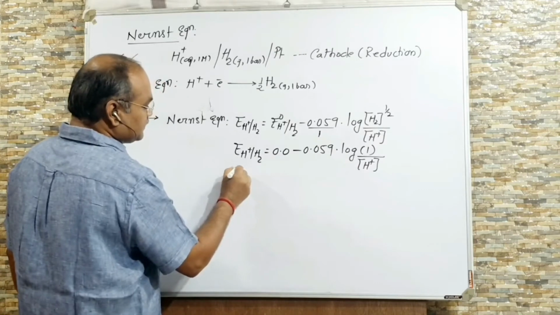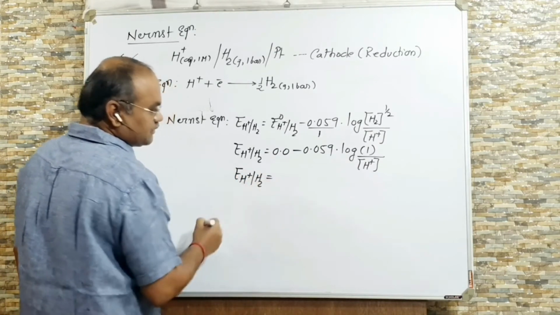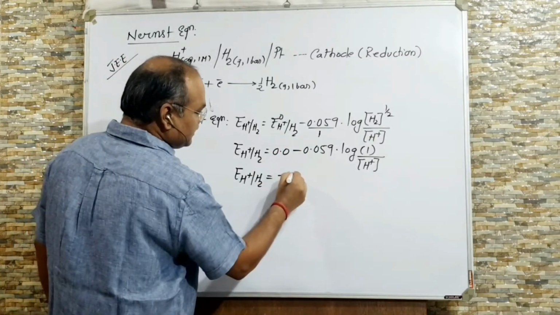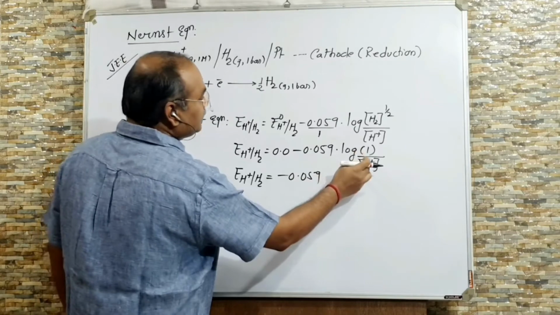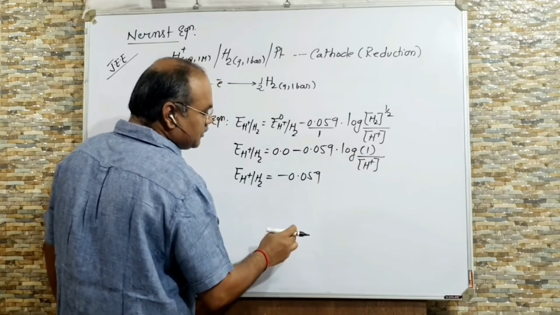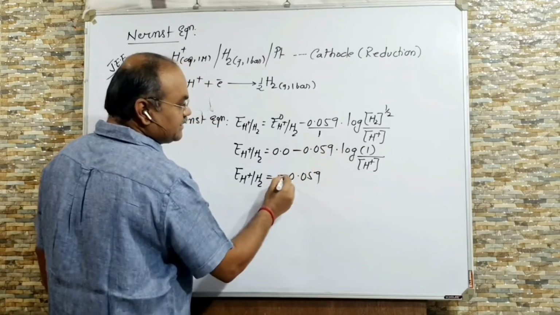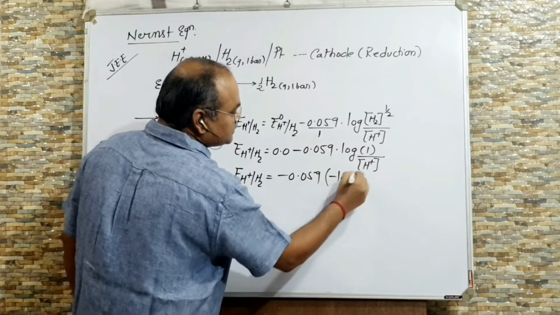Now E of H+ | H2 is equal to, this is 0, so I can write here minus 0.059 into log of 1 by H+. Can I write it as minus log of H+?